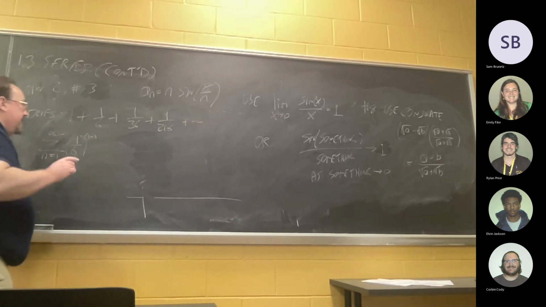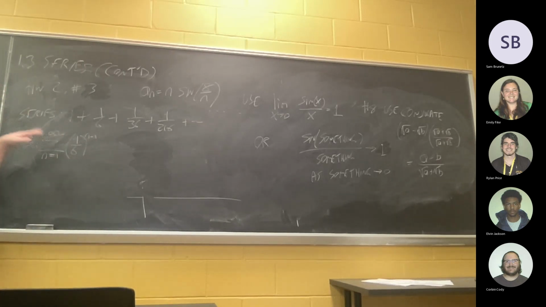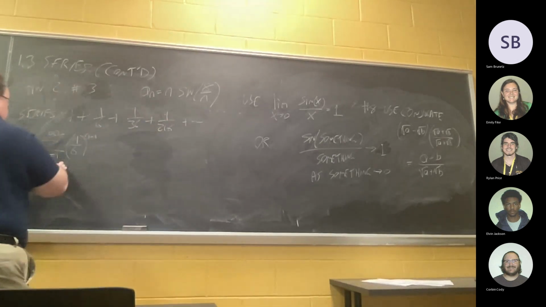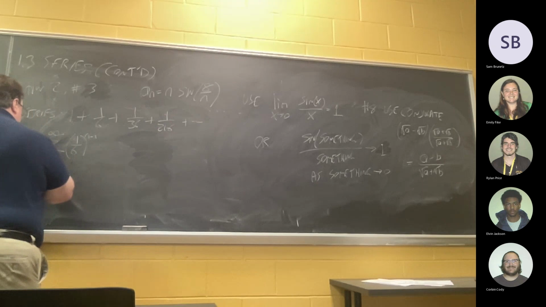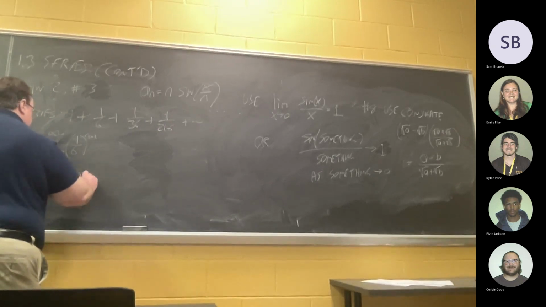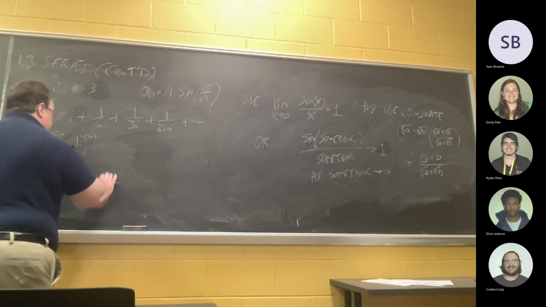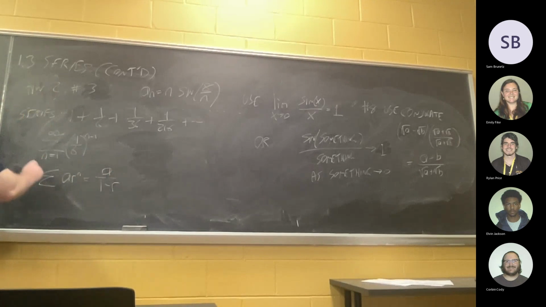Okay, don't write it this way. Have it as a geometric series starting with n equals 0, the formula I gave you for a sum. So while this is correct, it's not the way you want to write it. In general, the sum of a r to the n is a over 1 minus r, but only if n starts at 0.